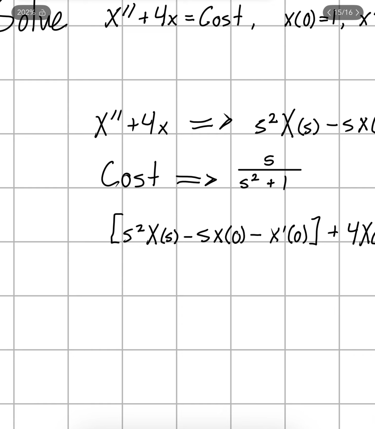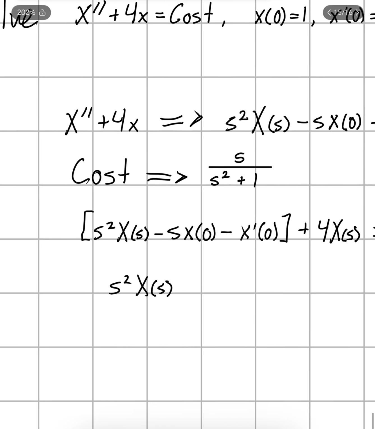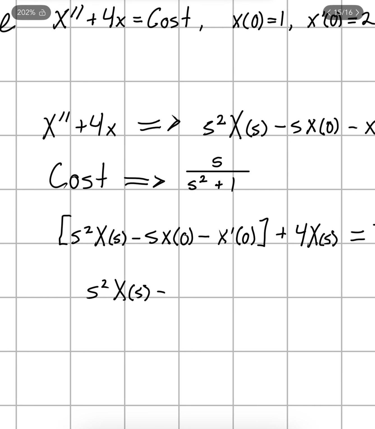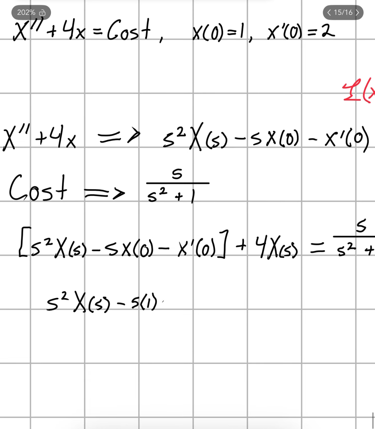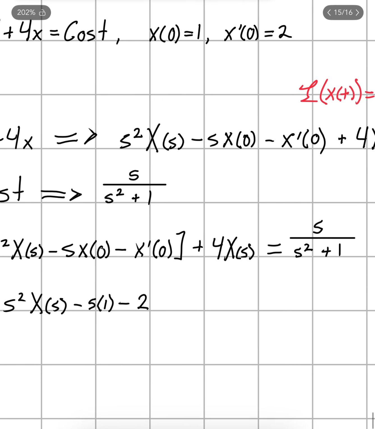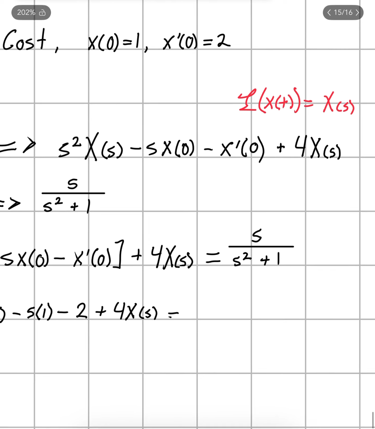So, s squared big X of s minus s times x of 0, which is 1, minus x prime of 0, which is 2, plus 4 big X of s equals, once again, s divided by s squared plus 1.